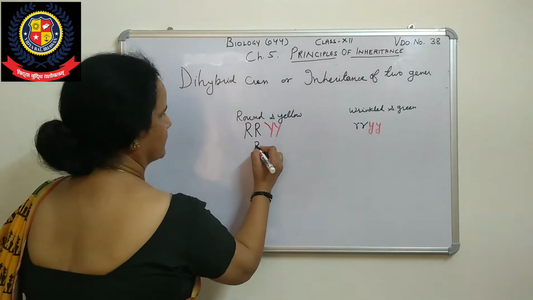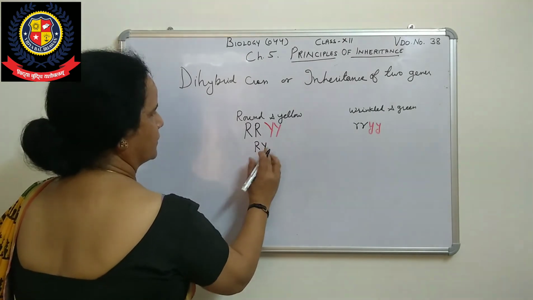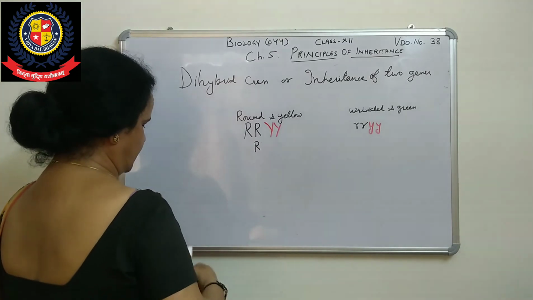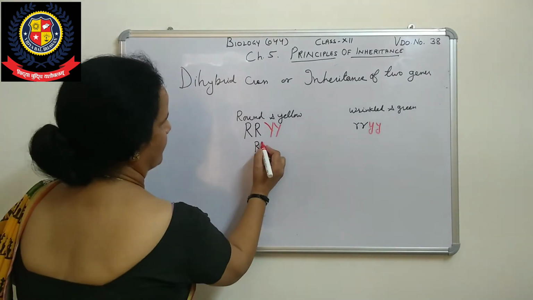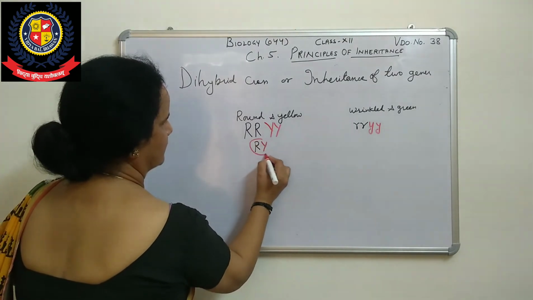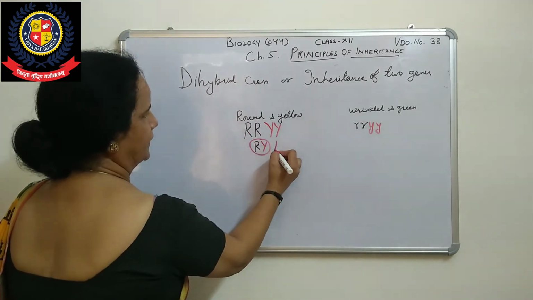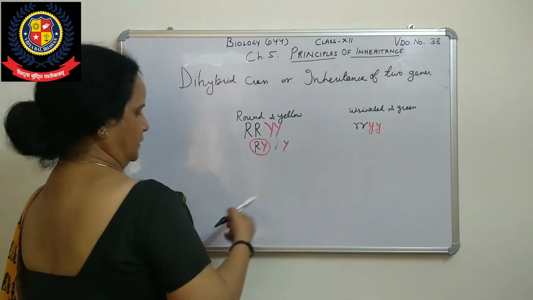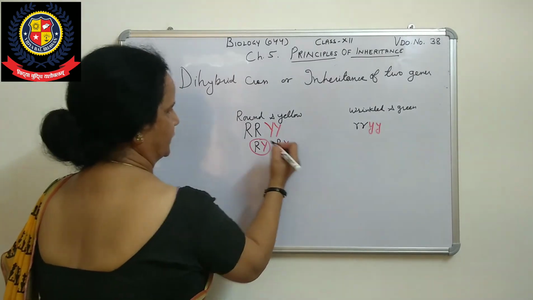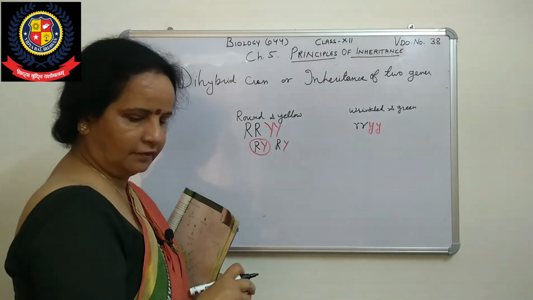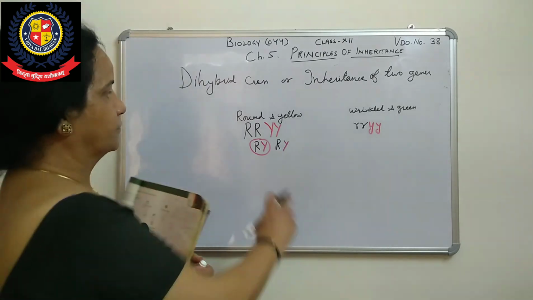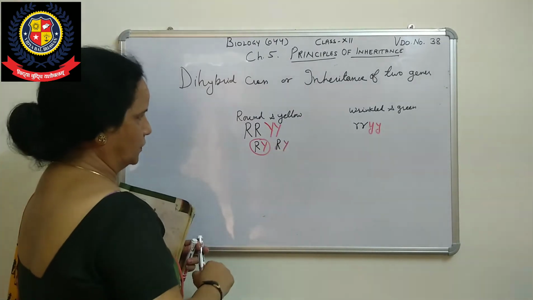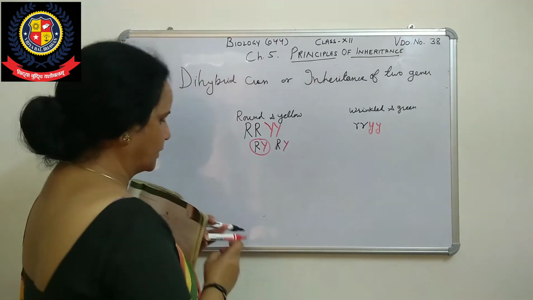Here RY, right, RY, and here ry. Okay, so now we will see that the gametes are also in a circle.